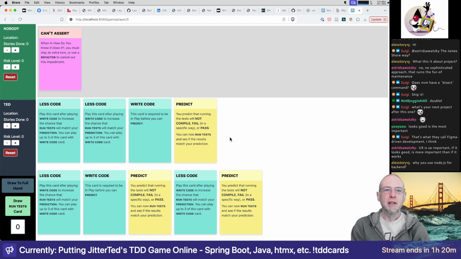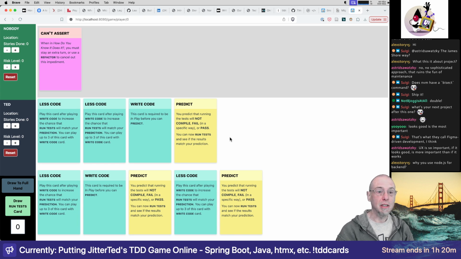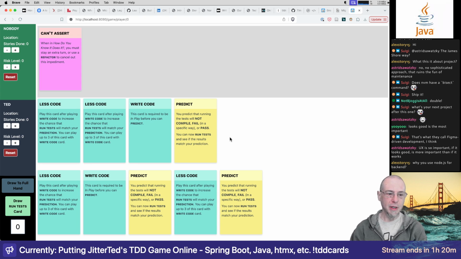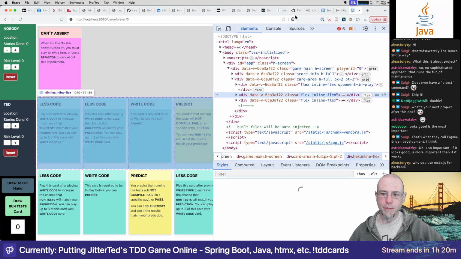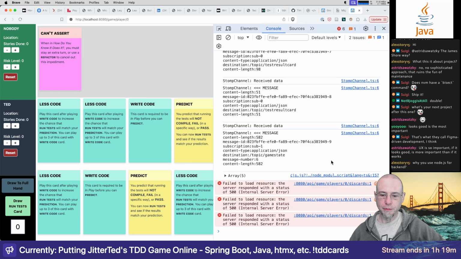Alex Story asks, why do I use Node.js for backend? I'm not using Node.js for the backend. I'm using Node.js for the front end. The front end is currently Vue.js. Backend, I'm doing Java Spring Boot. Could look at the messages going back and forth. I'm curious what those are. So our console.